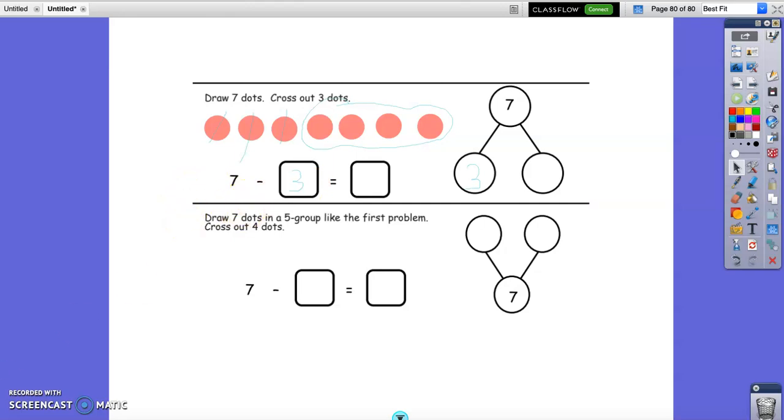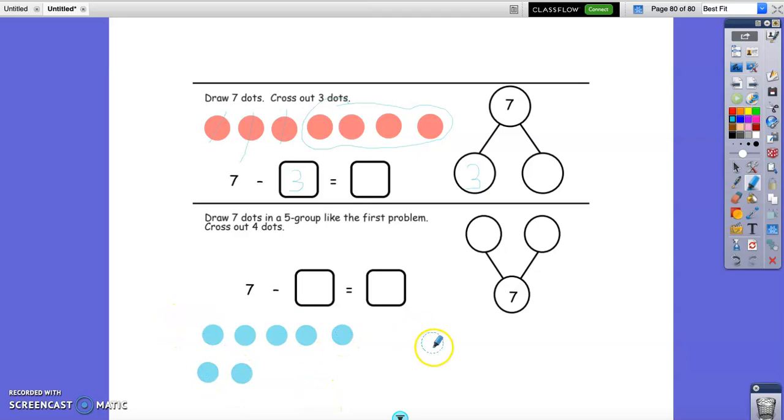Alright guys. Hold on. Let me go ahead and show you. I usually do my 5 groups, but I didn't because I didn't have enough room. But this one does want you to draw 5 groups, so I'm going to show you how to draw that down here. So it also says draw 7 dots in a 5 group. So you want to do 1, 2, 3, 4, 5. And then 1, 2.